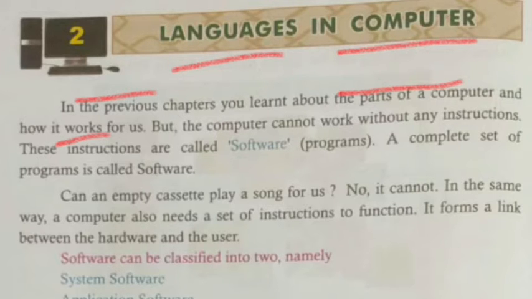The computer cannot work without any instruction. The computer is working very great because of this technology, but we have to give instruction, then only it can work, because it is just a machine, isn't it? We have to instruct it.